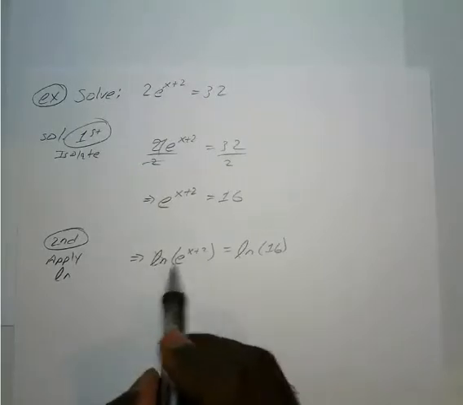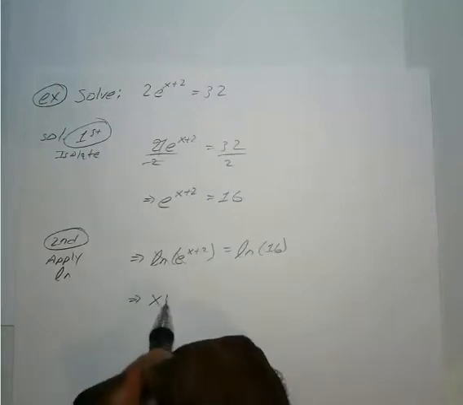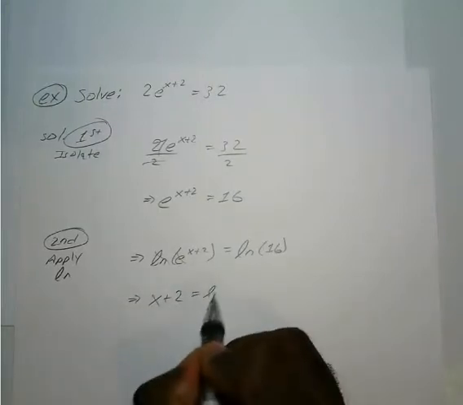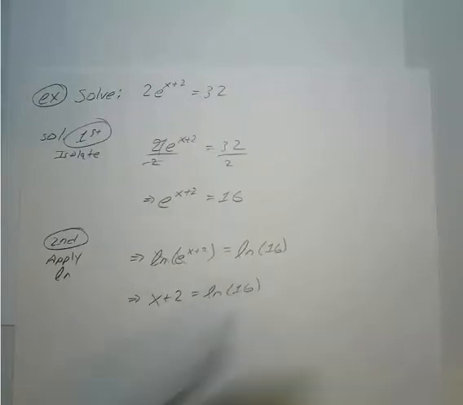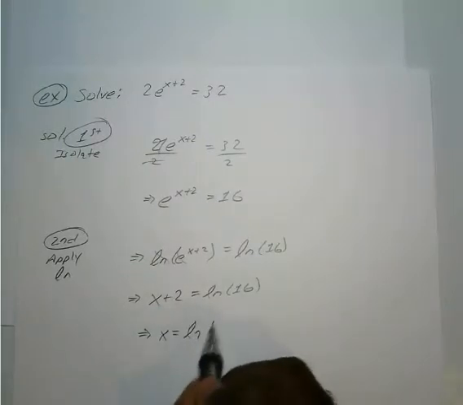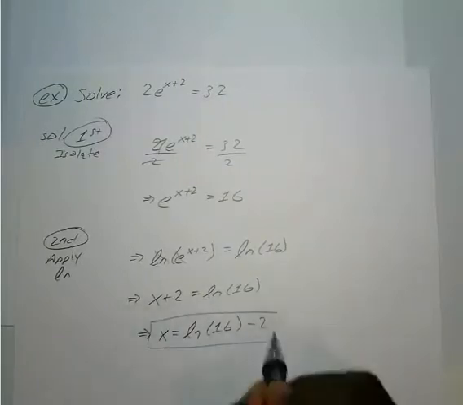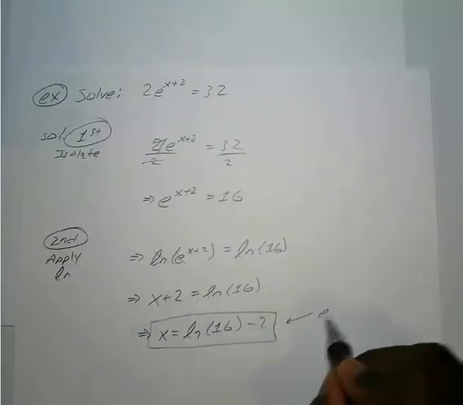Remember the natural log and the e cancel each other out. So you have x plus 2 equals natural log of 16. If we subtract 2 from both sides, we end up with x equals natural log of 16 minus 2. Remember that's your exact answer.